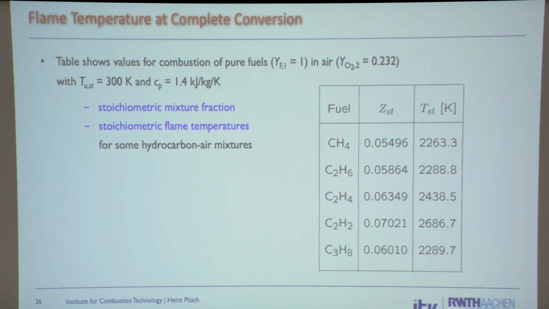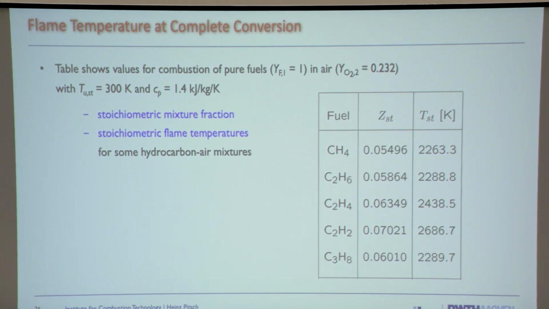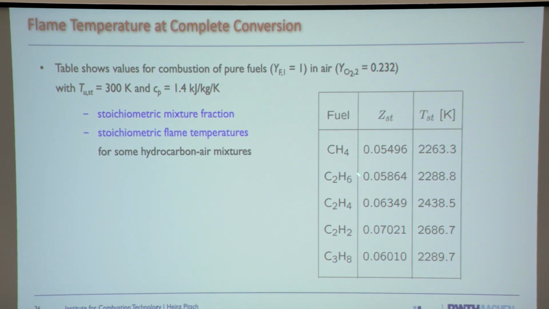And you see, they're all around 2000 something, but they can be different. A double bond gives you higher temperature, and a triple bond higher still: ethylene, with a double bond, is a little higher, and acetylene, with a triple bond, is yet higher. But all the saturated ones, propane, ethane, and methane, are very similar.